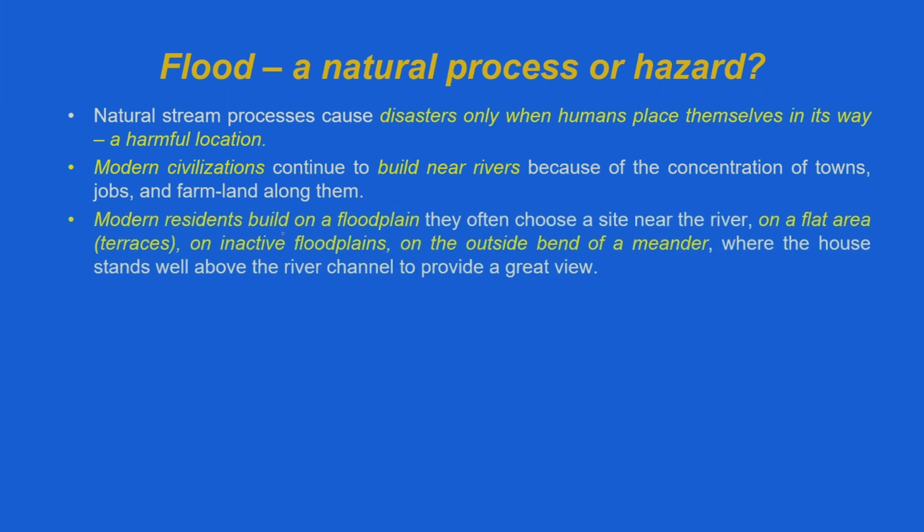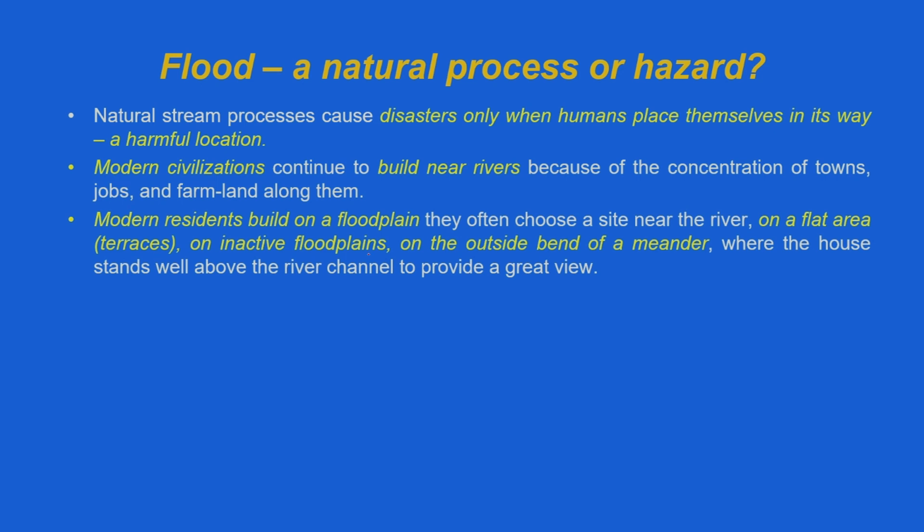Modern residents built on the floodplain, they often chose a site near the river on a flat area. This is one, that the flat areas are also termed as terraces. We will come to this, what are terraces, and we will discuss that. Or on inactive floodplains. The floodplains are part of the river channels, but if they are abandoned floodplains, then we also term that as terraces.